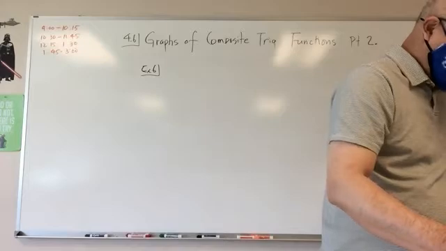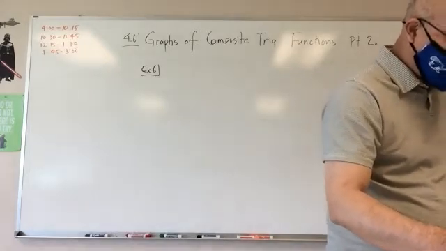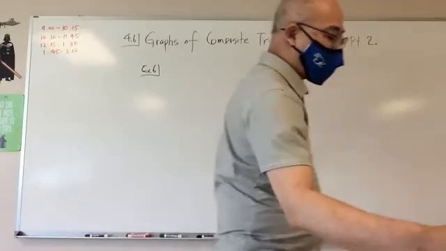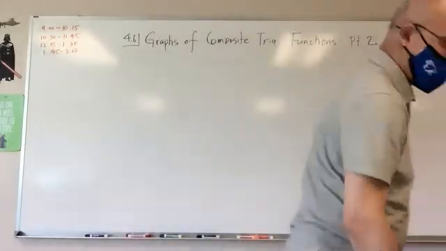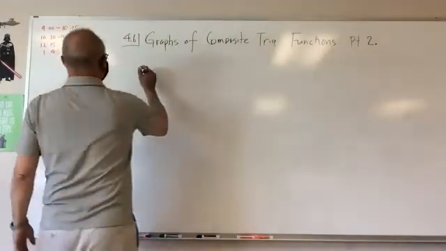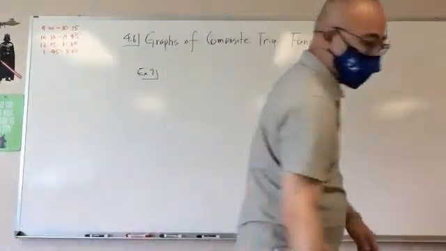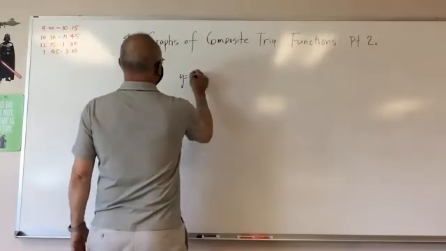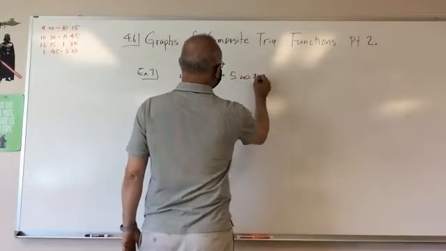Okay. Example number 7, expressing the sum of sinusoids as a sinusoid. So we're going to go ahead and now combine y equals 2 sine x plus 5 cosine x.